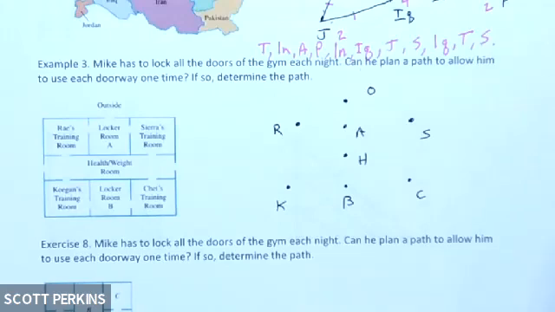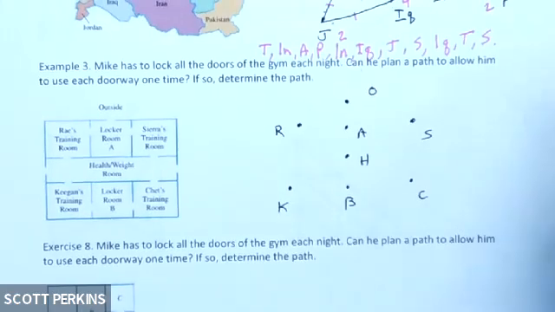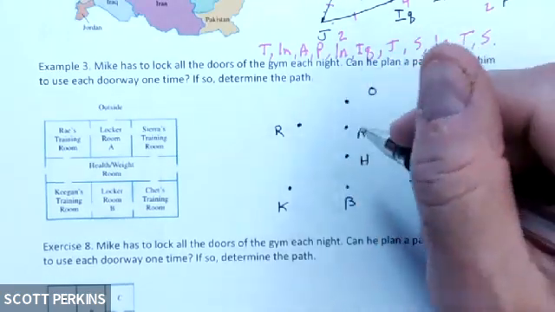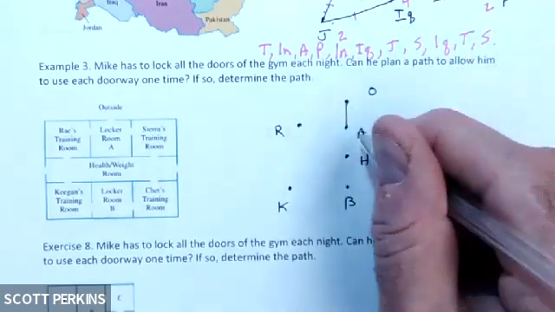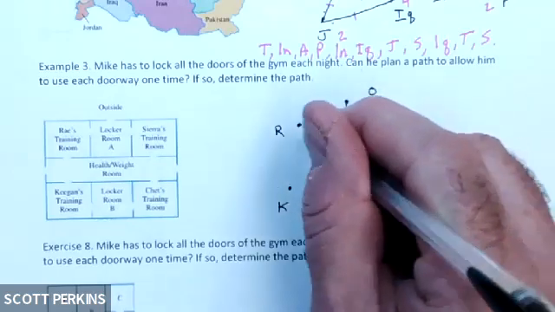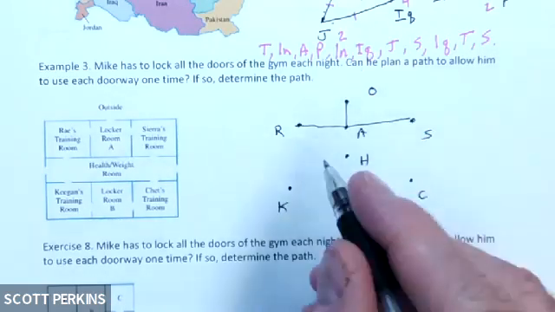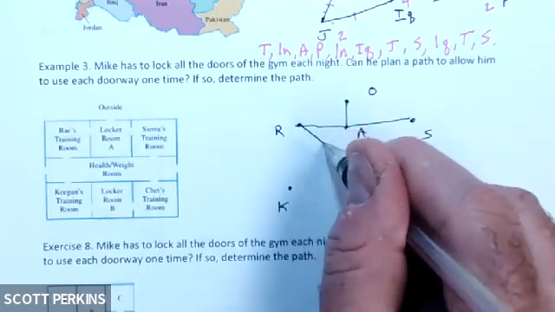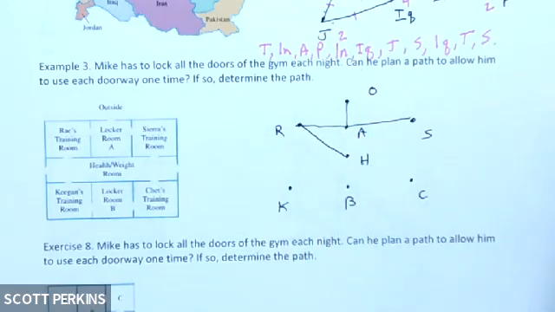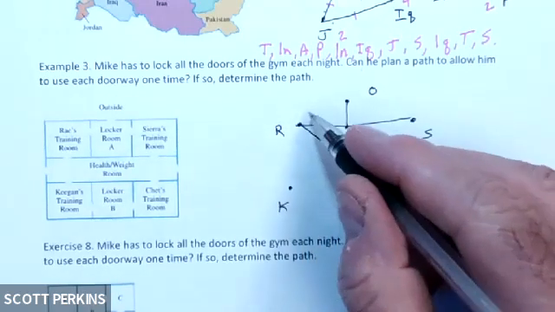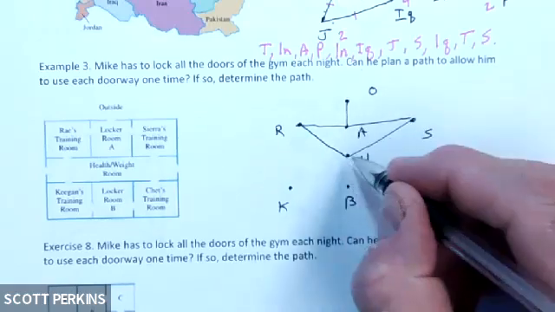So we did this with the doorways. Again, you can look in your notes and just use it there if you have that page with you. I didn't bring that page with me. So from locker room A, I can go outside, I can go into Sierra's, I can go into Ray's. From Ray's, I can go into locker room A, I can go into the health and weight room. From the health and weight room, I can go into Ray's, I can go into Sierra's, and I can also go outside.